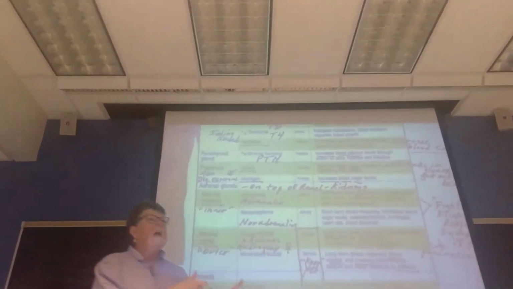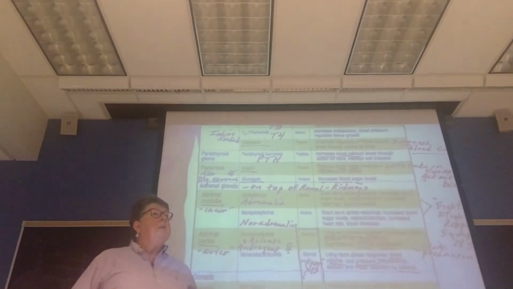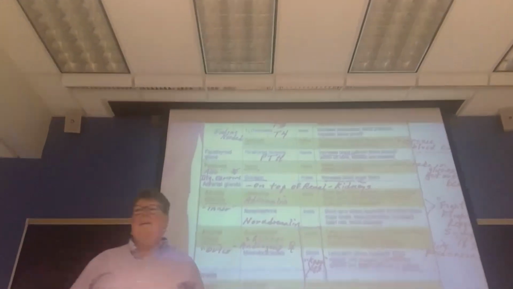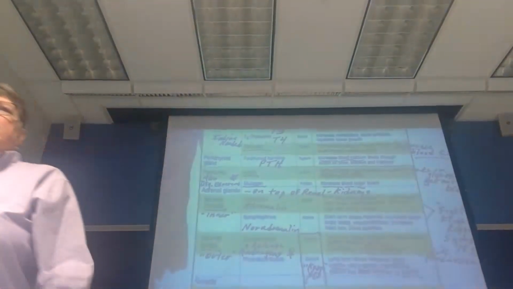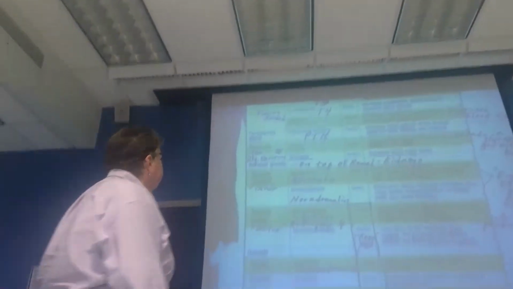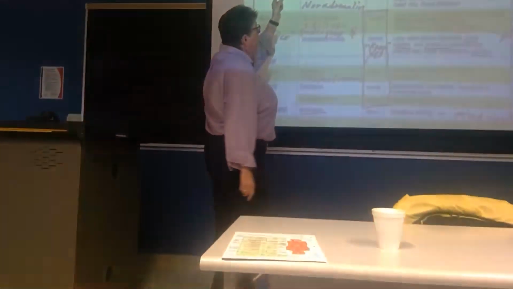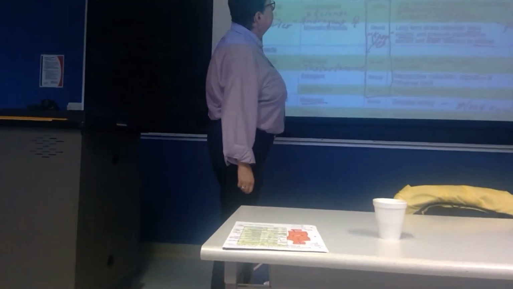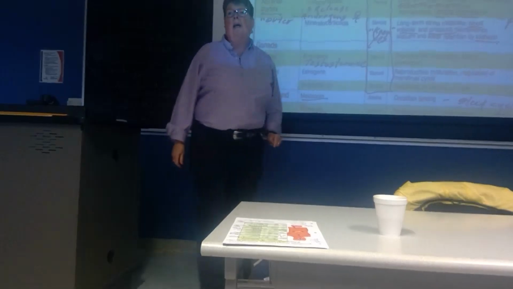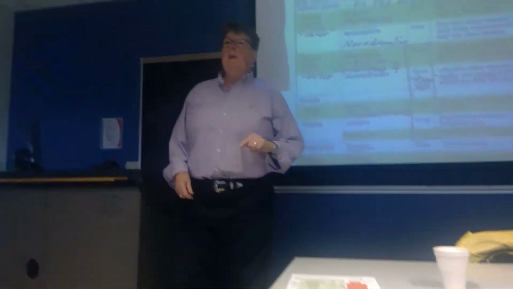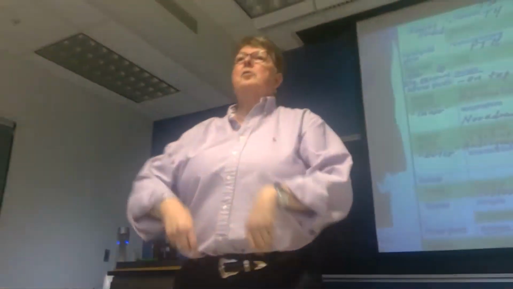So the sugar goes there so that you can have ATPs, and ATPs drive the whole body. So insulin lowers blood sugar, and glucagon does the opposite. It increases blood sugar.